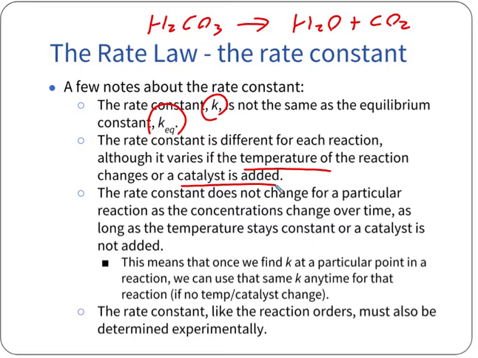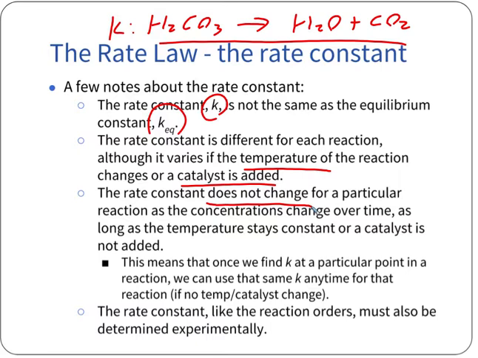But if I have this reaction, H2CO3 yields H2O and CO2, and the temperature stays the same with no change in the catalyst, then k will always be the same for this particular reaction. Whatever number you get for that rate constant, it'll always be the same for that reaction at the same temperature with the same catalyst. So the rate constant does not change as the concentrations change, as long as the temperature stays constant and a catalyst is not added.